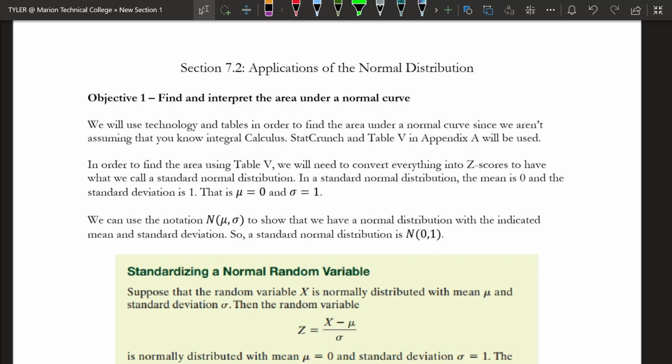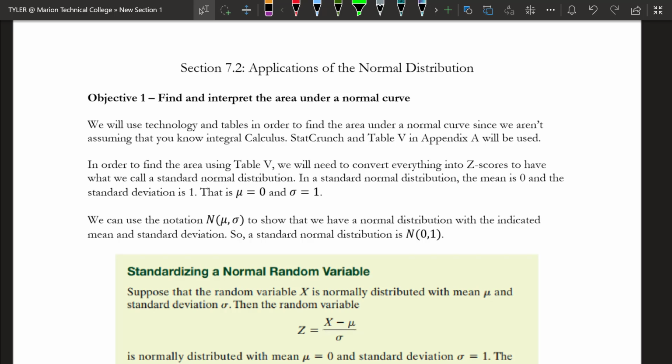In section 7.2, we're shifting gears. This section is mostly going to be about how to calculate the area under the normal curve. I told you in the last section, the way to do that is you have an equation, a function. We call it the PDF, the probability density function.